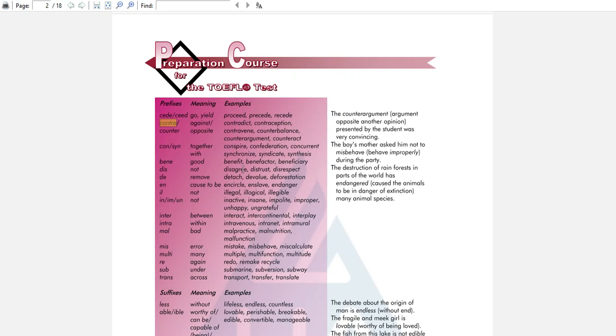Agree is positive, but when you put this before agree, it becomes negative. Agree positive, disagree negative. Trust positive, distrust negative. Respect positive, disrespect negative. Okay, and then also with il and in and im, they have negative meaning. Legal positive, illegal negative. Logical positive, illogical negative.